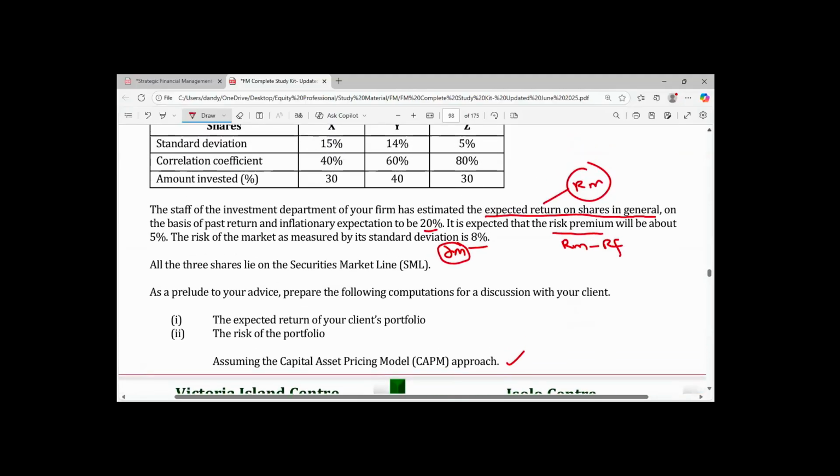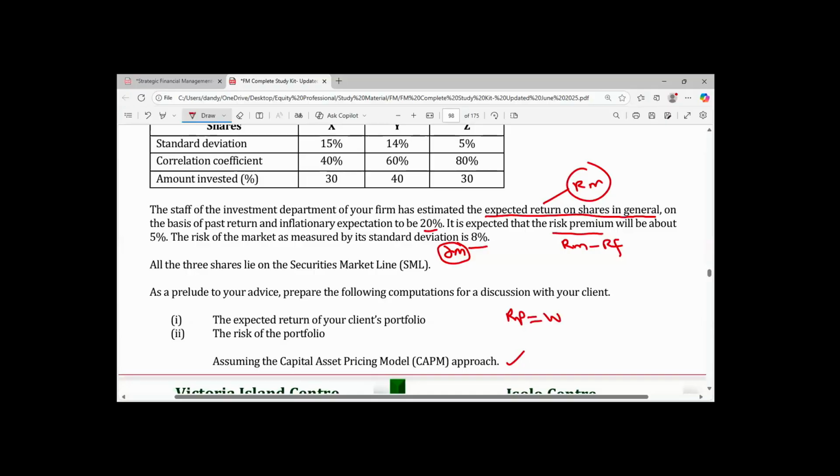Now, let me explain before I switch. You want to calculate expected return of the portfolio. You will recall when we did portfolio theory, we said return of the portfolio is computed as the proportion invested on security.